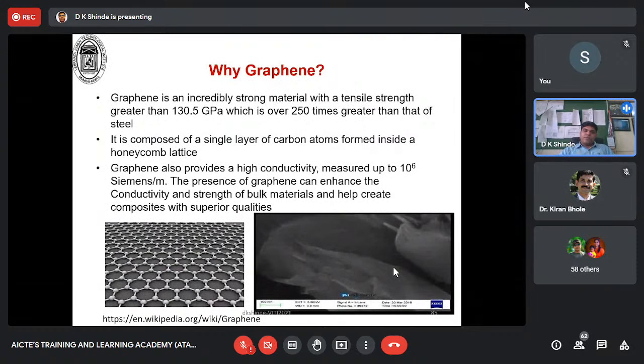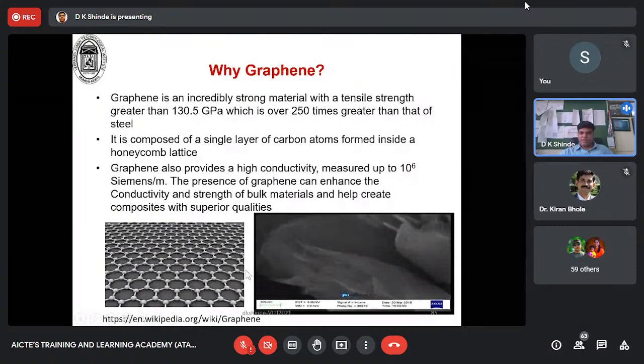It is composed of a single layer of atoms formed in a honeycomb lattice structure. Graphene also provides very high conductivity, measured in Siemens per meter, and its presence can enhance the conductivity and strength of the bulk material and help create composites with superior quality.